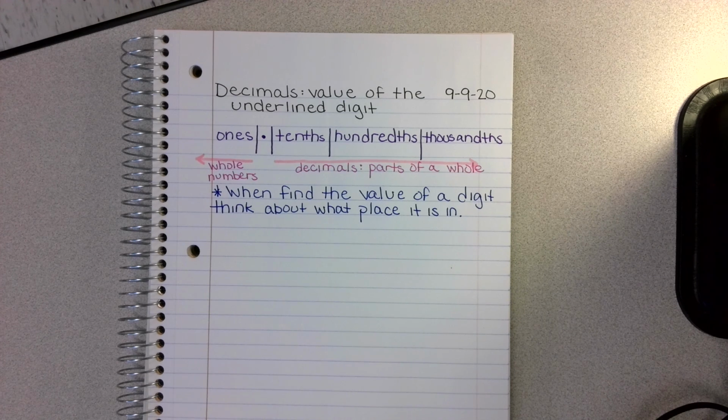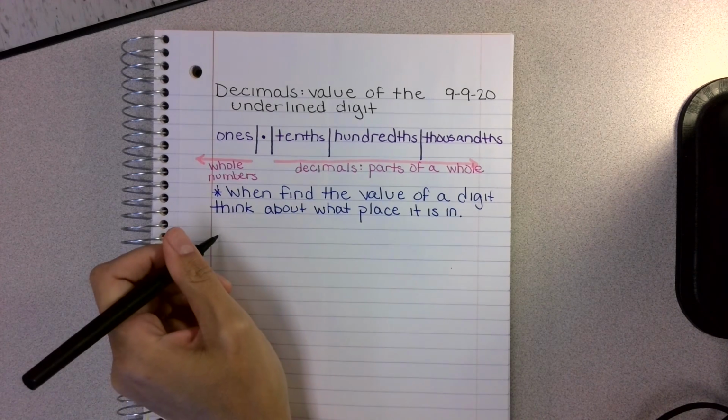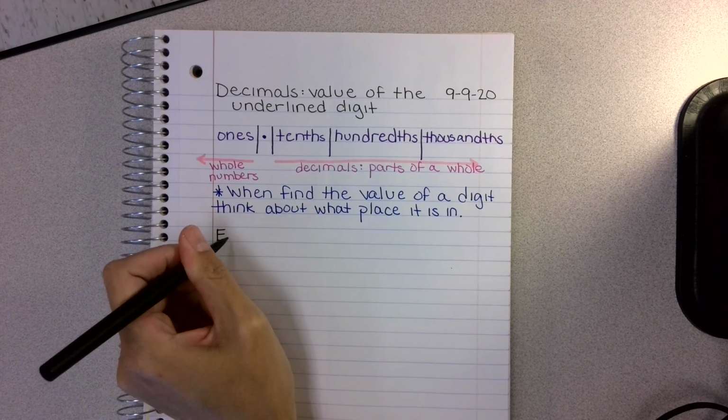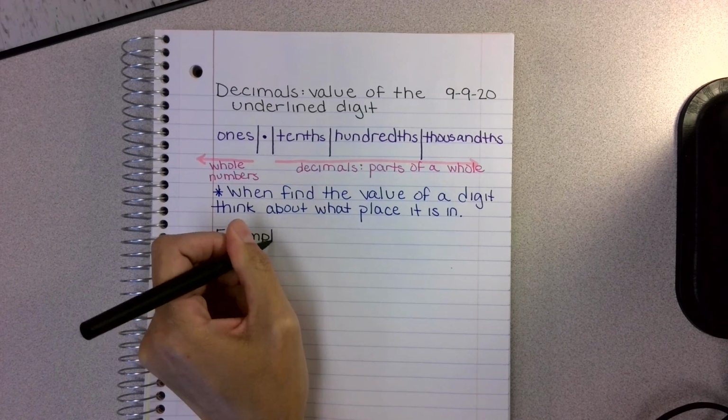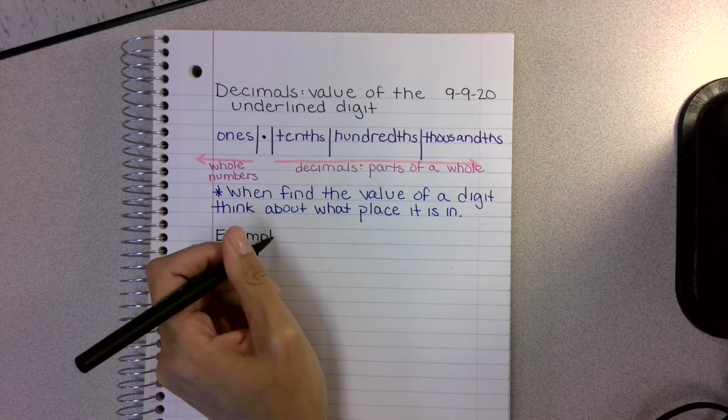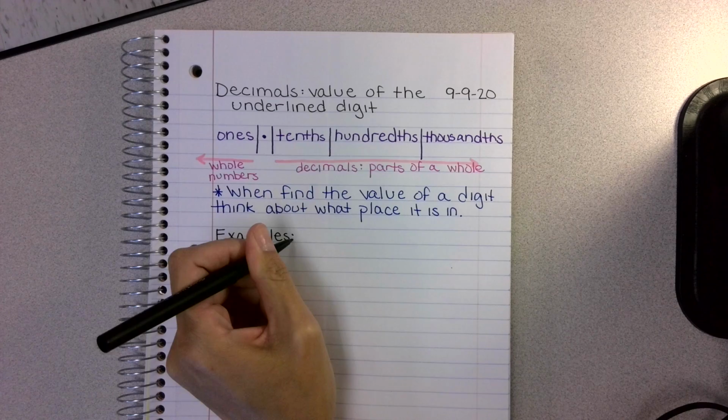If you don't know place value, you're going to struggle a little bit. So I'm going to do some examples for you, and please write these in your notebook. Because like I just said, you can use your notebook to help you with your math quiz. Same with science.